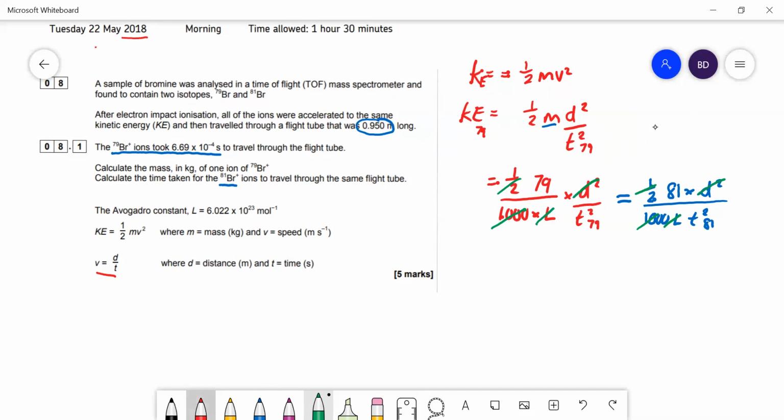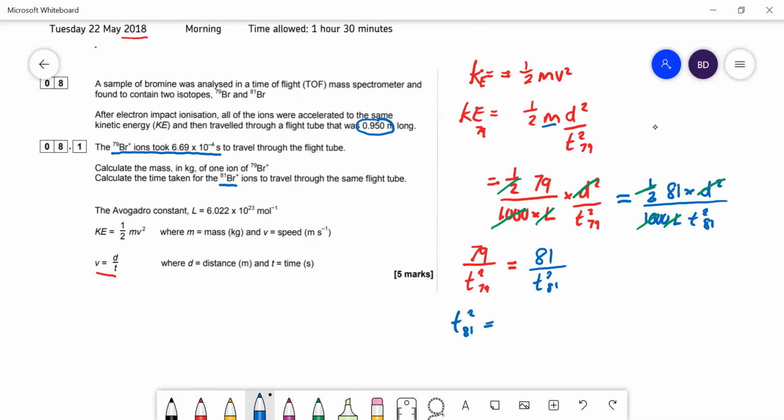So we end up there with 79, which is the AR, the atomic mass of that isotope, over the time squared for the 79 isotope is equal to 81 over the time squared for the 81 isotope. We need to find out the time squared for the 81 isotope, so let's rearrange that.